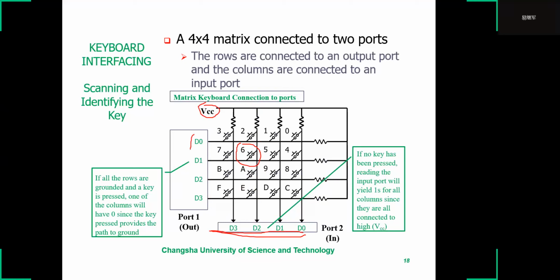If we output 0 from here, and key 6 is pressed, we can get 0 from here. So we know some key is pressed on this column.